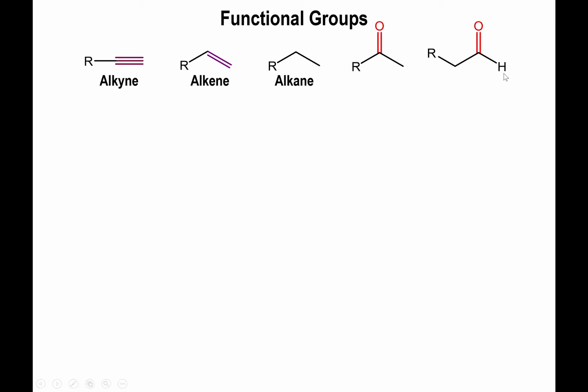And this presents you with 2 different functional groups, the ketones and the aldehydes. Ketones are the molecules where the carbonyl is bound to 2 other carbons, and the aldehyde has the carbonyl carbon bound to at least 1 hydrogen. And the hydrogen has to be directly bound to that carbonyl, or else you don't have an aldehyde.